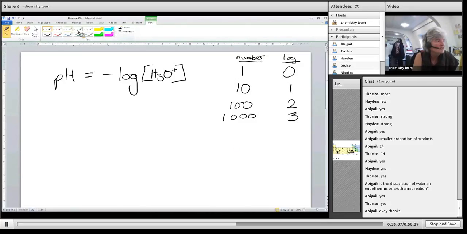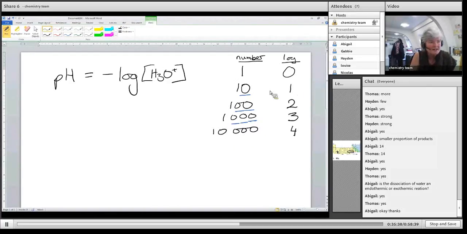Basically what your log scale is doing, it's giving you how many decimal places there are. Well, not so much decimal places, but how many values you've got. Now, your math teachers probably have a much better name for this. So you can see I've got 2 placeholders there, I've got 3 placeholders there, and you would carry on. So 4 would be a log of this number. Okay, so that's the relationship.